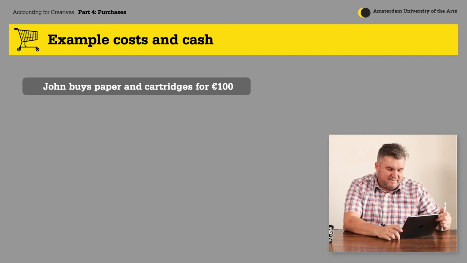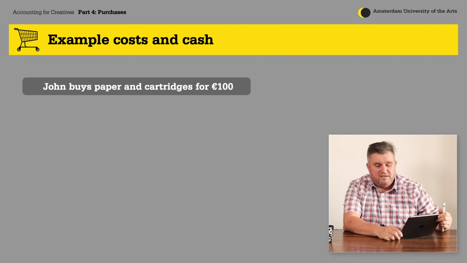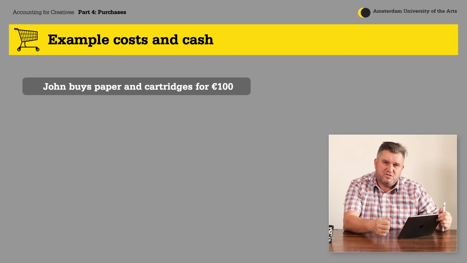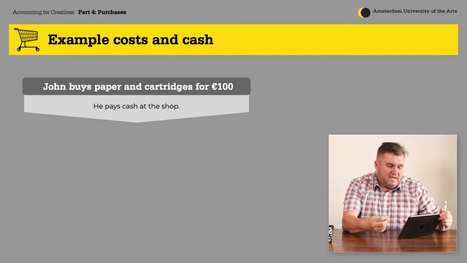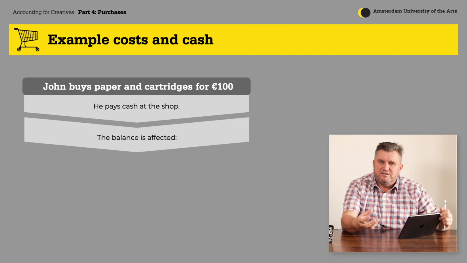And again, this balance is affected, because the assets are decreasing, because we lose cash out of our wallet. So the cash is decreasing, which means the assets are decreasing too. The paper and cartridges cost less than 450 euros, so we don't assume that they increase the assets on our balance.